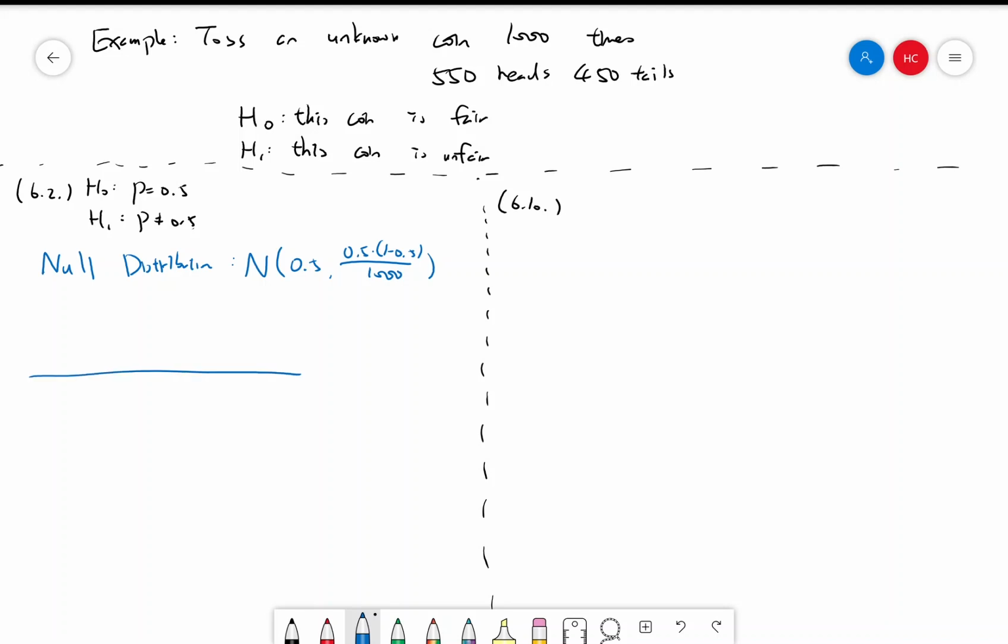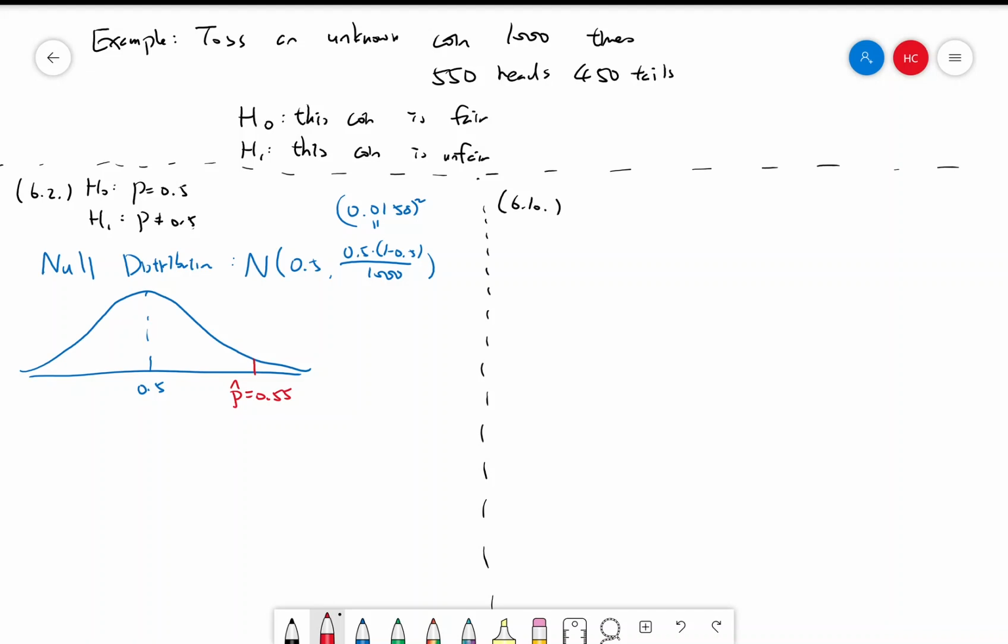So here we go, 0.5. And let's calculate the standard deviation. So 0.5 times 0.5 divided by 1,000, taking the square root of that. The standard deviation is 0.0158. So that's 0.5, and our p hat, supposing heads is success, is 0.55.